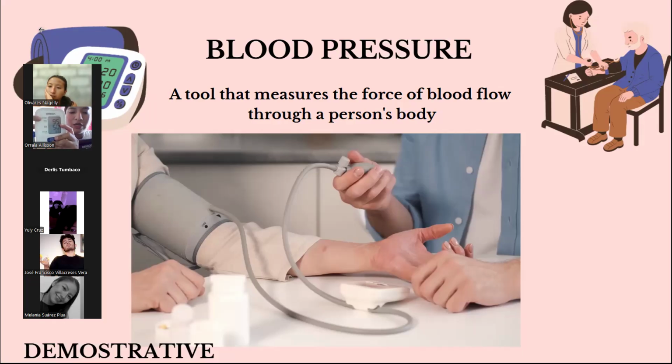This demonstrates the higher number, which measures the force of blood against artery walls. And dia is diastolic pressure. This demonstrates the lower number and measures the force when the heart relaxes between beats. And the pulse, obviously, is the pulse of the patient.